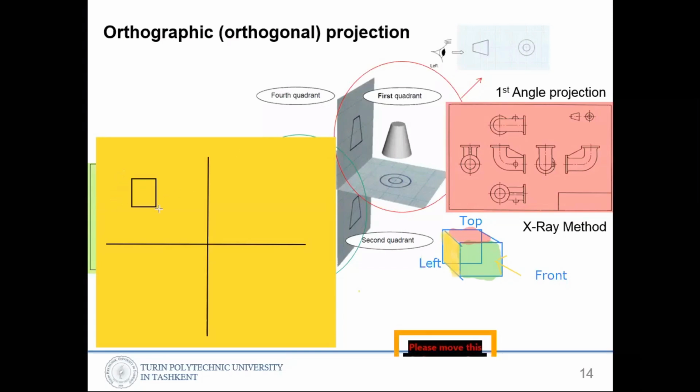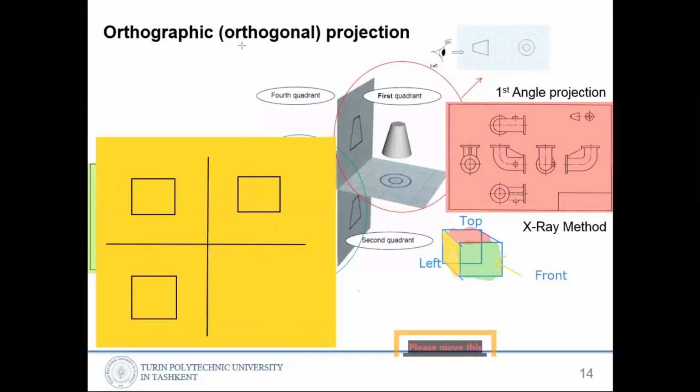Draw your green area, green side here, and then in the bottom of this you draw a top view. What you see from the top, draw here. What you see from the left hand side, draw on the right hand side.